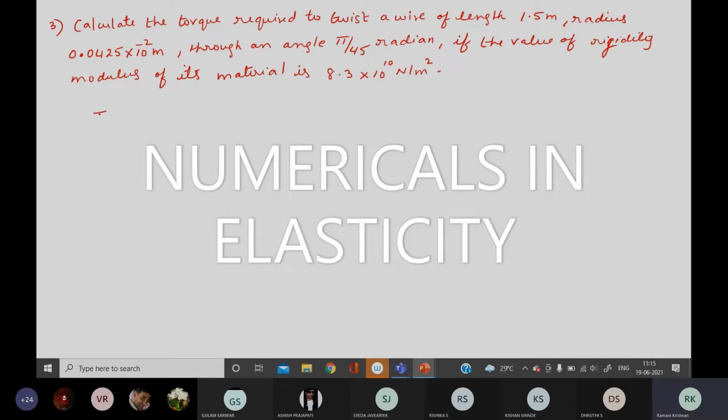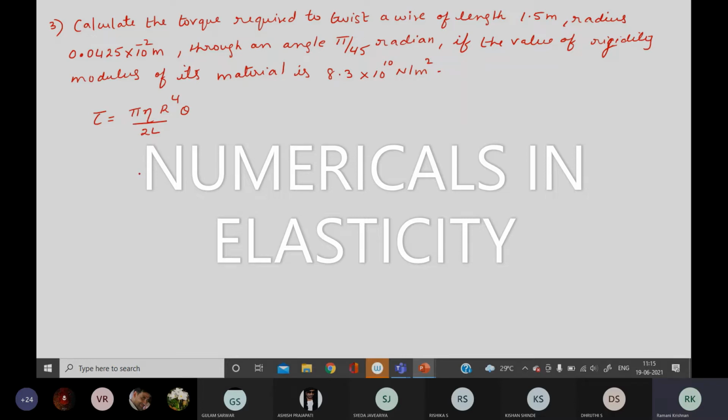So torque means what we have derived now. So what we derived, pi eta r power 4 theta by 2l. This is the expression we had derived, isn't it? Can you see that?